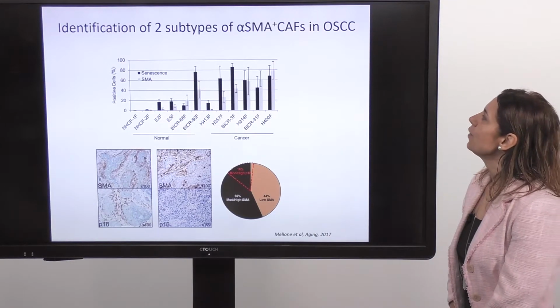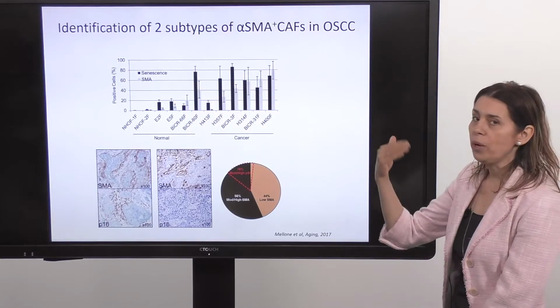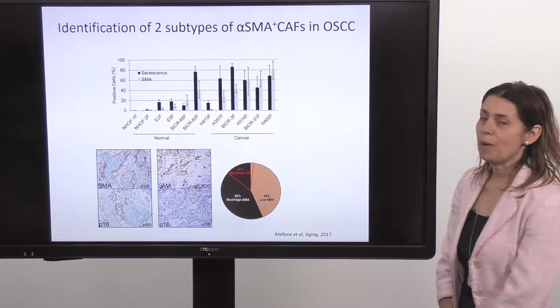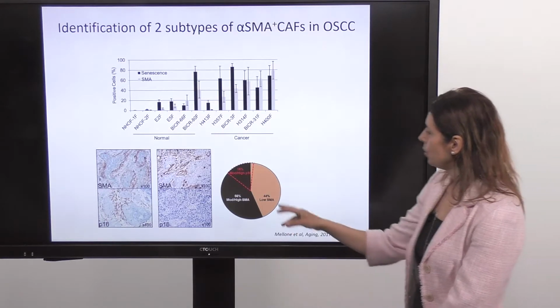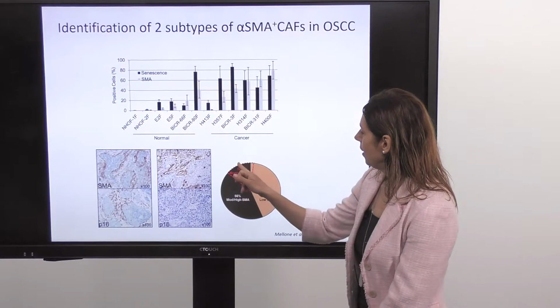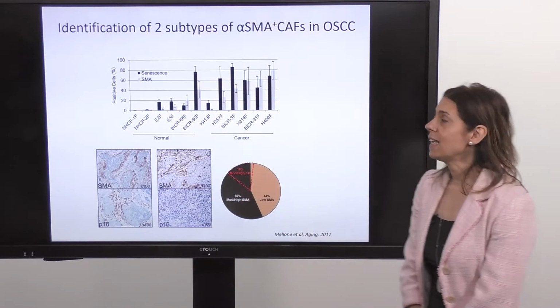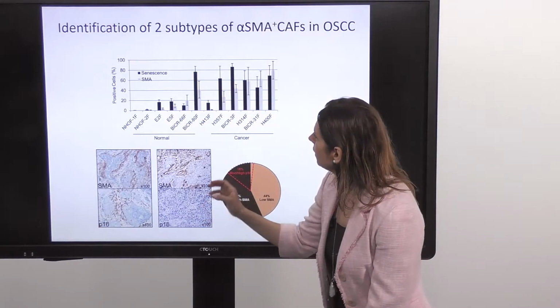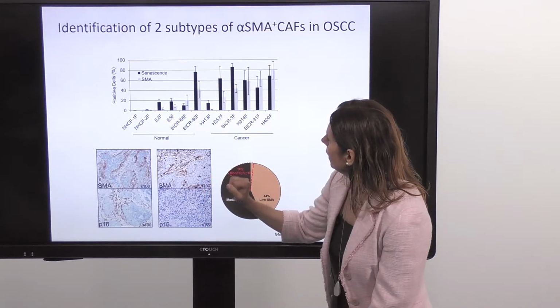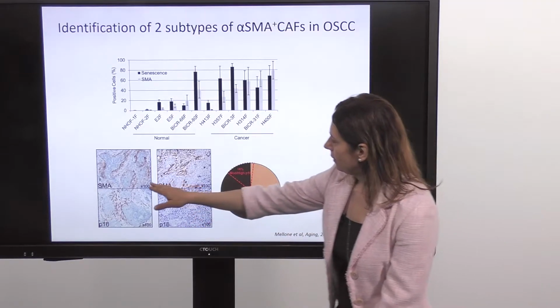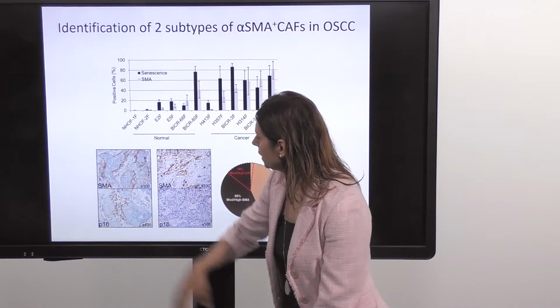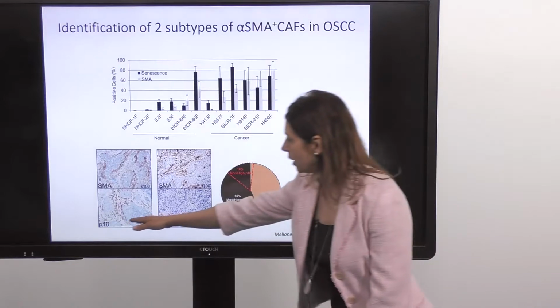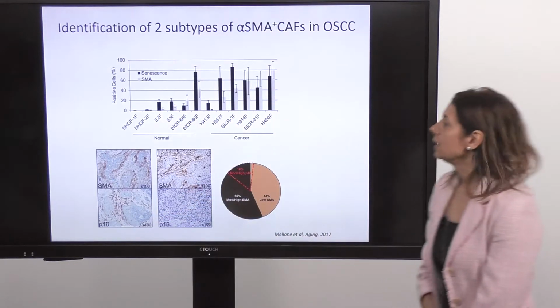They identified two subpopulations within this population of myofibroblasts. One seemed to express P16, which is a marker of senescence, while the other did not. Here you could see that some fibroblasts that express alpha-smooth muscle actin also express P16, while some others don't.